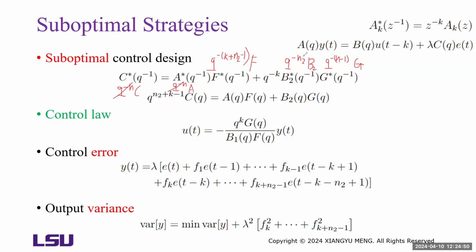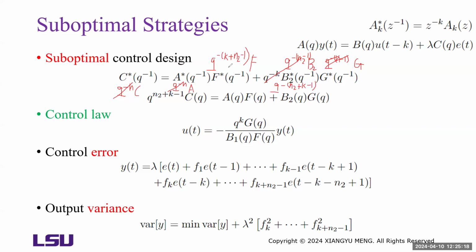So it will be the negative k, negative n1, minus n2 minus 1. If we combine them together, it will be q to the negative (n2 plus k minus 1).